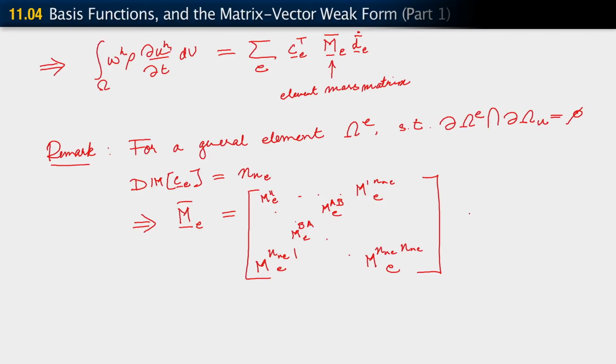That's right, they're equal. It just follows from the definition of those components. Each of them is just the integral of N_A times N_B multiplied by rho, integrated. So they're symmetric, and basically M bar is a symmetric matrix.